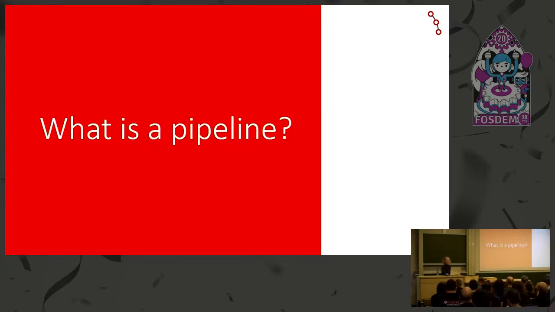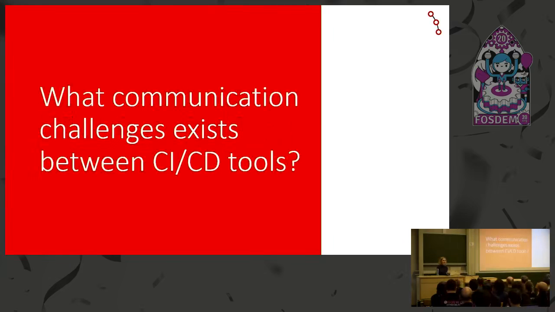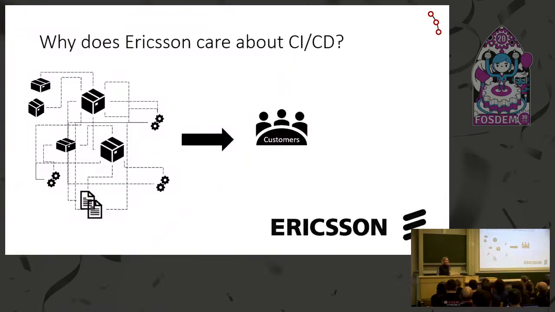So let's skip this part as promised, and instead go straight for the communication challenges that we've seen at Ericsson. So first of all, why does Ericsson care about CI/CD? Well, any company that produces software should care about CI/CD, obviously. We have a very complex environment.